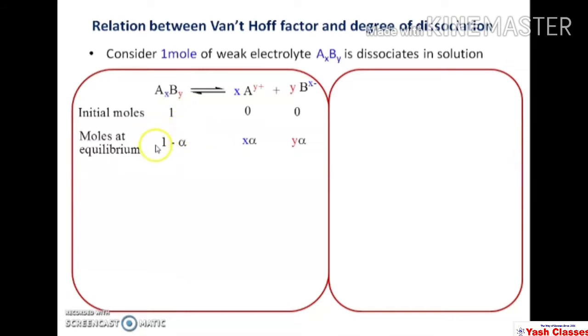It means the number of moles remaining at equilibrium will be 1 minus alpha.